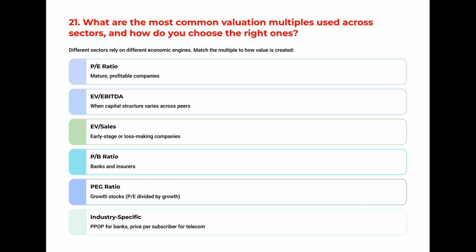What are the most common valuation multiples used across sectors, and how do you choose the right ones? Different sectors rely on different economic engines, so you match the multiple to how value is created.